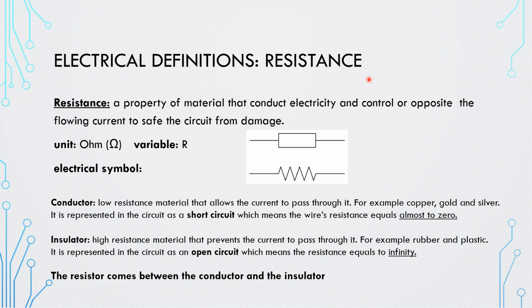So from now I'm having voltage as an electrical source that pushes the current out from the source. I'm having current moving through the pipes, but how about if I want to control the amount of this current?